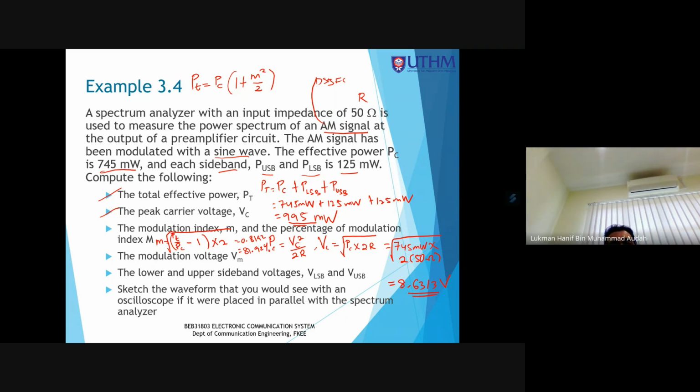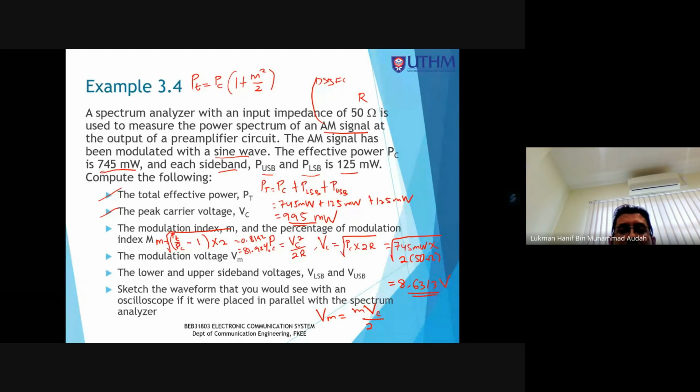What about VM? VM is equal to MVC. So what you can do is 0.8192 times VC. How much is VC? We already got VC previously, 8.6313.